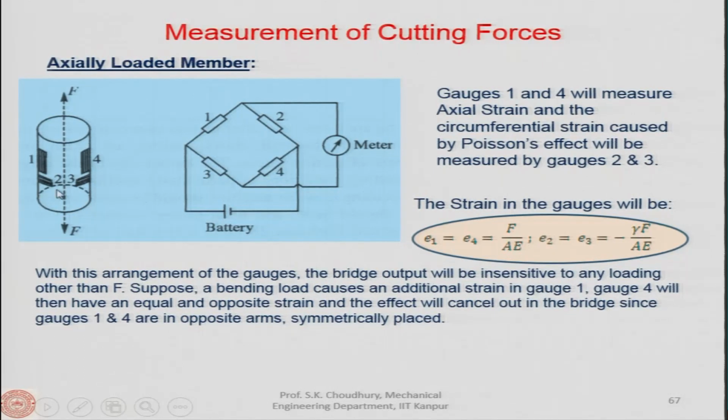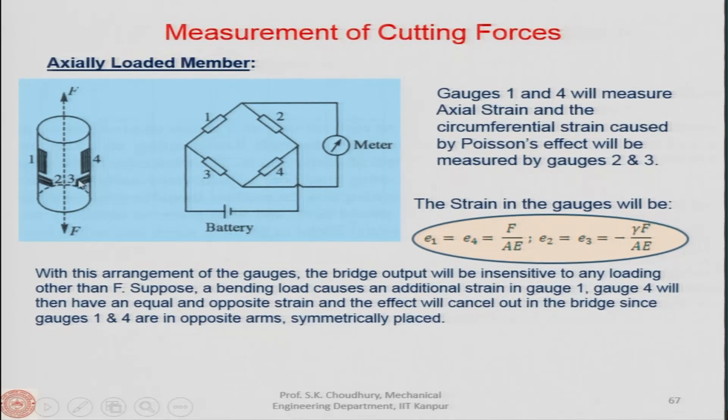Similarly, since 2 and 3 are located in diametrically opposite positions from each other, the circumferential strain will be measured by 2 and 3, and no other force will influence 2 and 3, particularly the bending load, because there will be an opposite effect here.